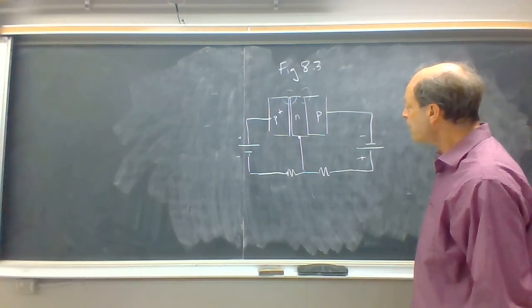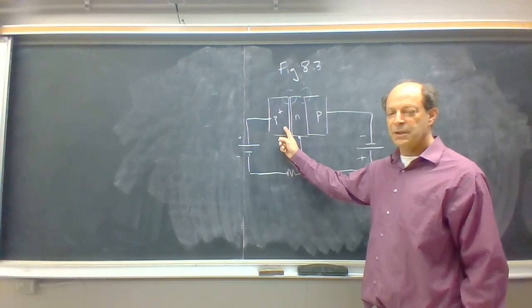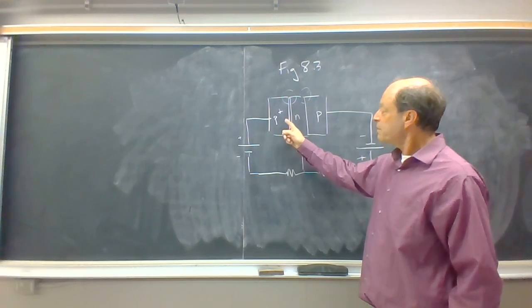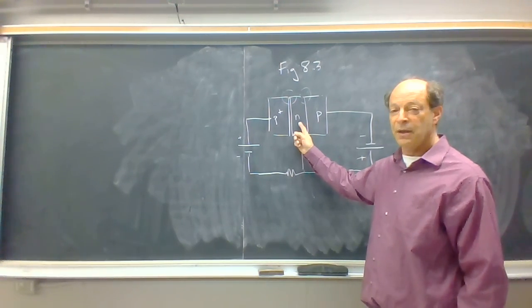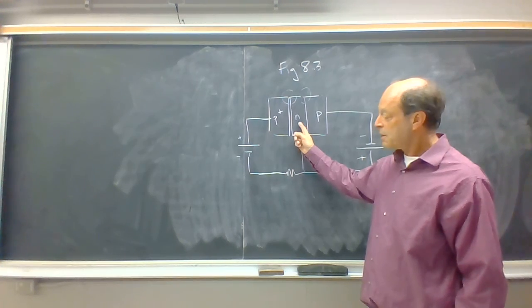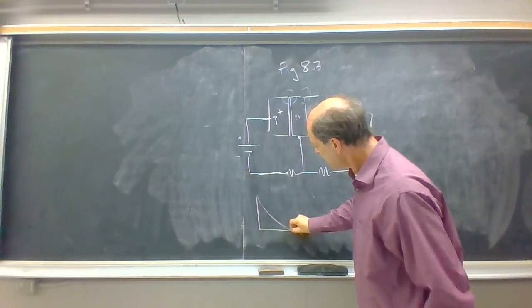Now, how can this work? Well, this forward biased PN junction causes holes from the P plus, the heavily doped P side, to be injected into the N region. And that injection of holes looks something like this.